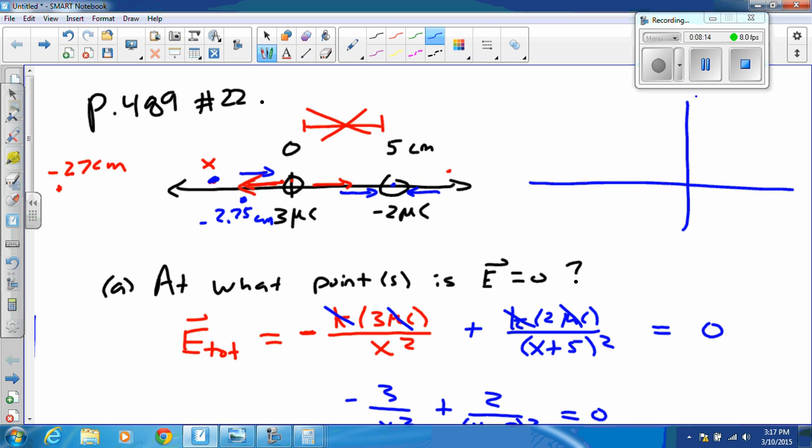The magnitude of the field is going to be infinite right at 0. It's going to come down and hit right here at negative 2.75. And then it blows up again at 5. And then it comes down and it gradually hits 0 and then kind of bounces off and hits towards 0 again. Just like that. So there's our field.